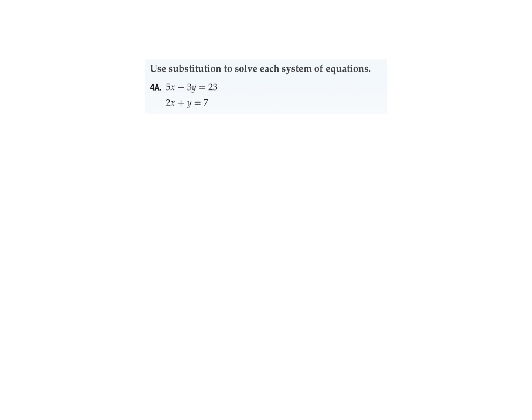Okay, here they want us to use substitution to solve each system. Now, I'm going to solve for y in this second equation. So I'm going to subtract the 2x and I'll get y is equal to negative 2x plus 7. Now I'm going to grab this negative 2x plus 7 and plug it right there into the y.